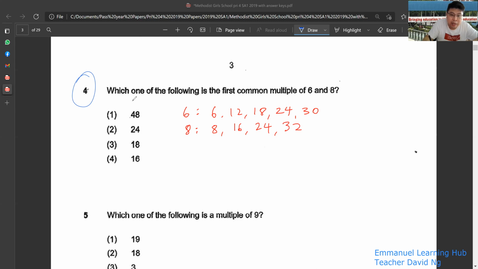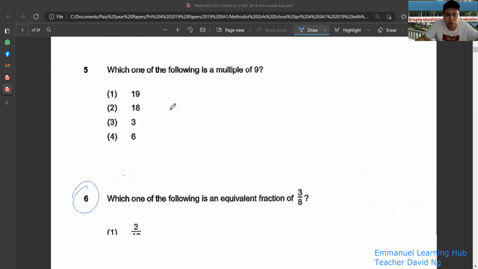We can stop here. Then can you tell me which one is the first common multiple of 6 and 8? 24. Because this is the only one that's common. You understand? Yes. That's our answer, number 2.